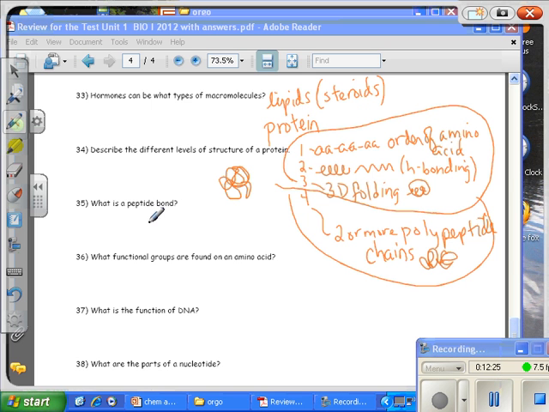A peptide bond is the bond between amino acids. So you have carbon, no, what is it? Nitrogen, carbon, carbon with an O. And so you've got a hydrogen here and an R group here.